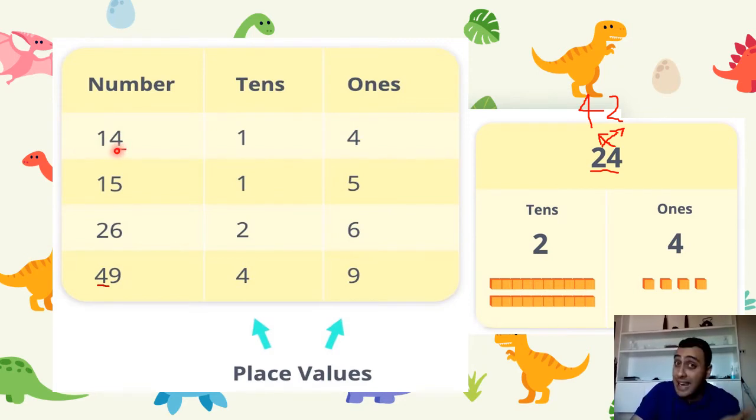They are the same digit, but because of place value, one of them is under ones, one of them is under tens. 4 tens means 40. It means 1, 2, 3, 4 blocks of 10 boxes. And when the 4 is in ones, it means 4 ones. Okay, so that's it for your review.